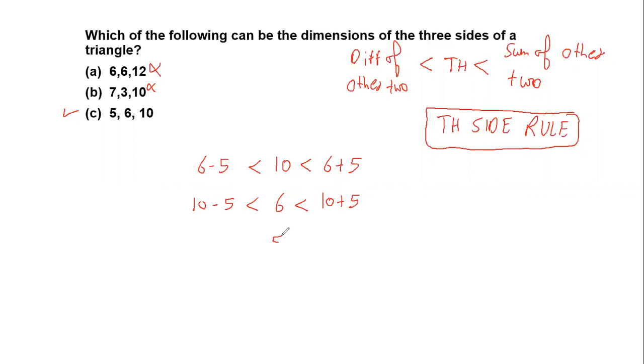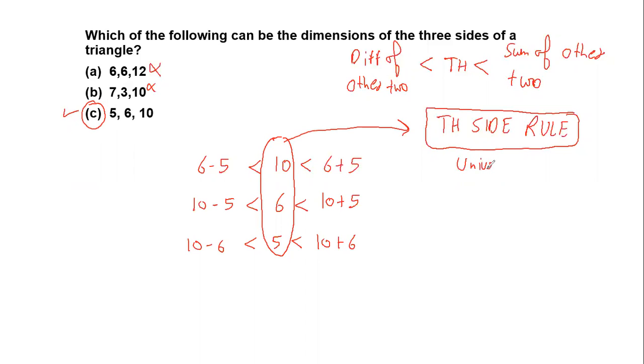And similarly, if you take 5, 5 is always less than 10 plus 6 and always greater than 10 minus 6. So if you notice, all these three sides follow the third side rule, and that's why it can very well be a triangle. So this is a universal rule for a triangle.